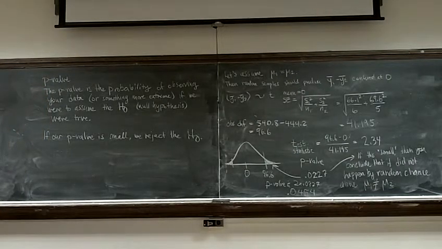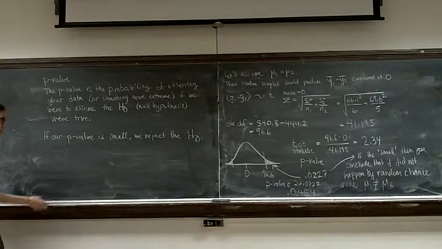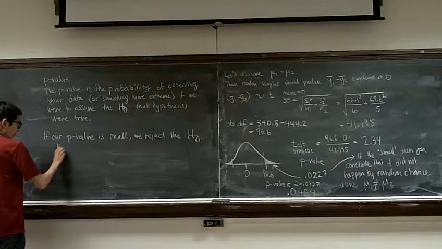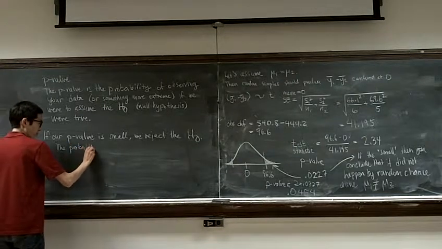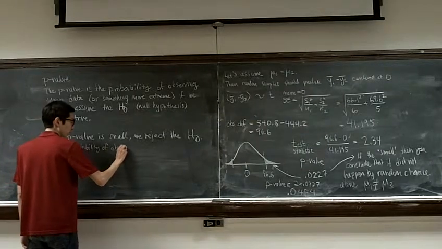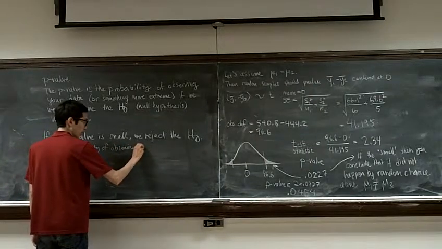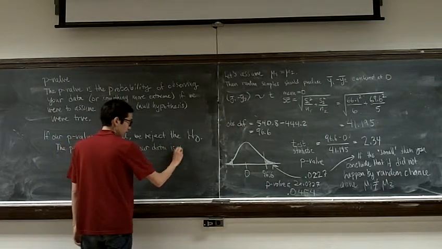If our p-value is small, we reject the null hypothesis. In other words, the probability of observing our data is highly unlikely.